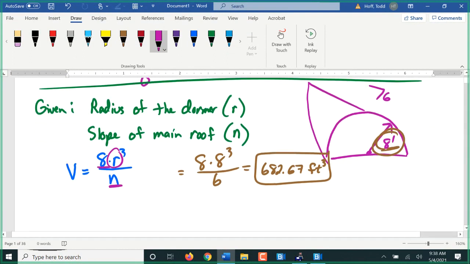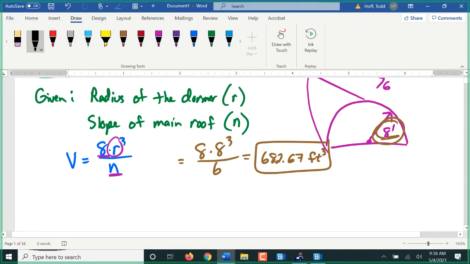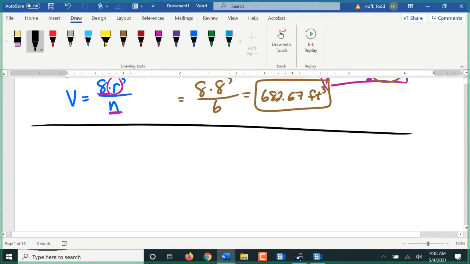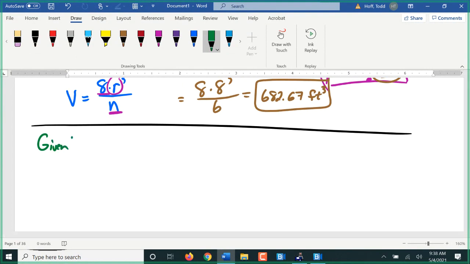Well, the second method that could be used for finding the volume of the dormer would be to be given the ridge length. That's what we had called L. And the radius of the dormer.